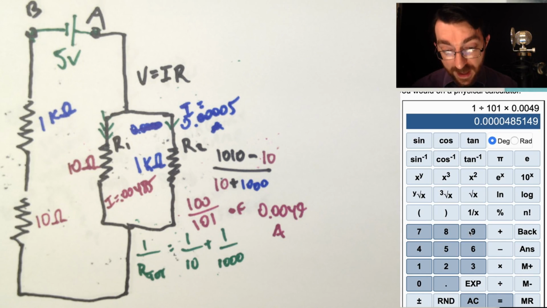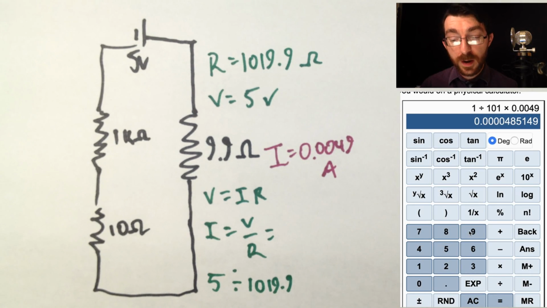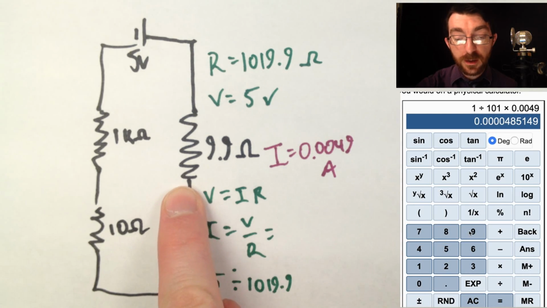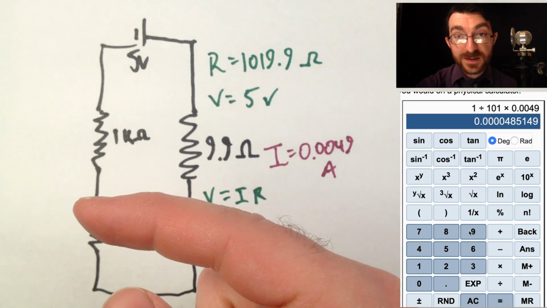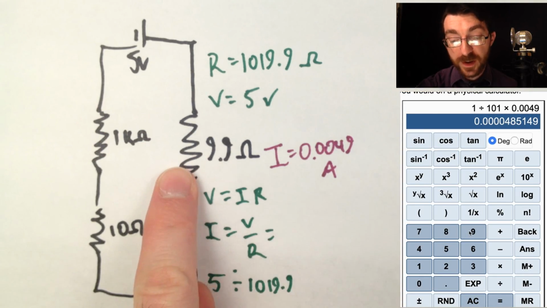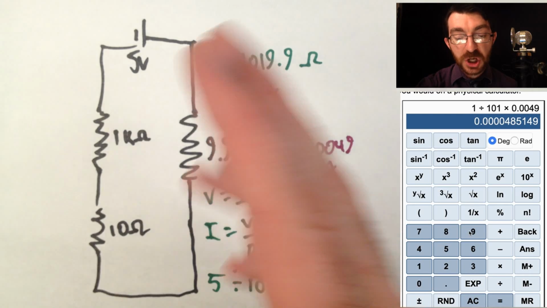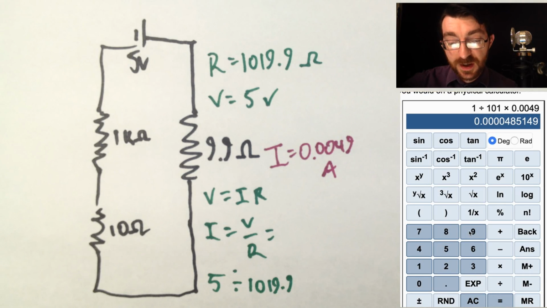All right, now we need to go back to this picture. This was the whole circuit in series, and we know that 0.0049 amps went through these two resistors. It's just that like 99% of it went on the good side and 1% of it went on the bad side. But together it was 0.0049. Okay, so that much current went through all those resistors.